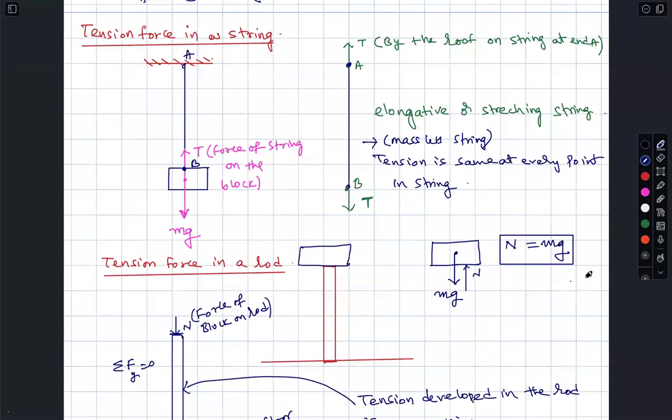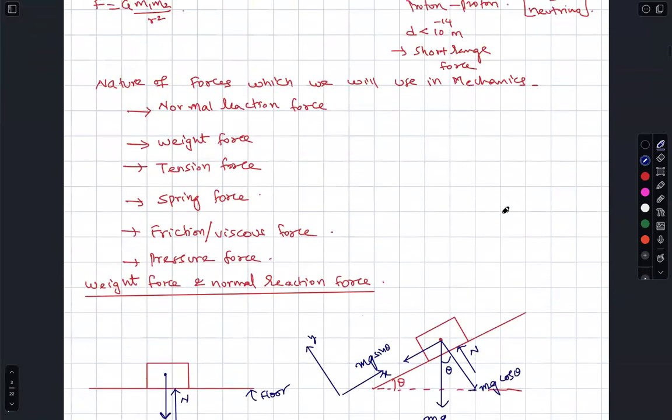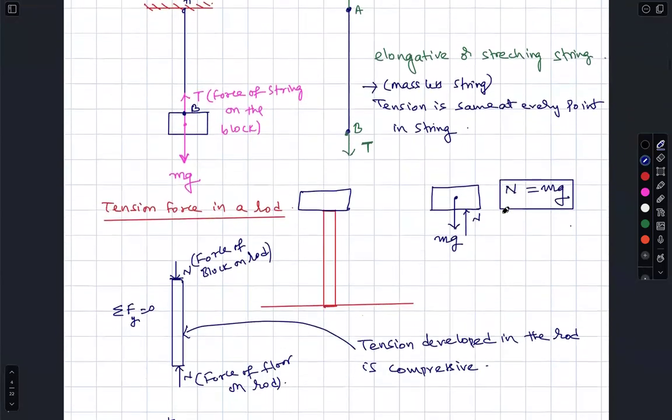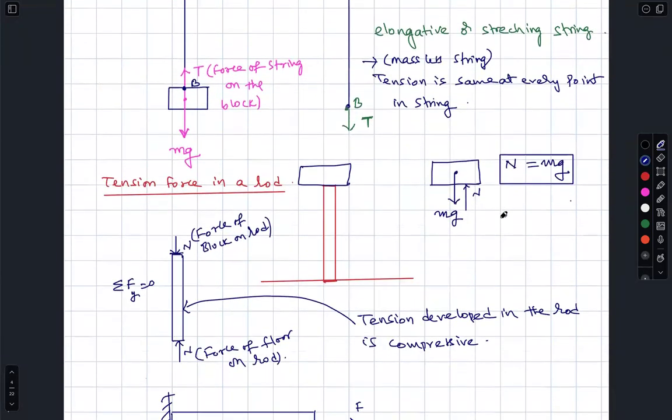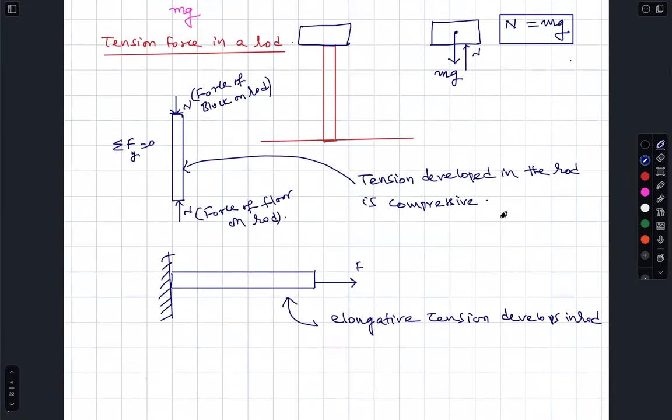Right. Any doubt till this point? Please ask me, because I am going to go to the spring force. Friction and pressure force we will deal with later in the coming chapters. But right now, if you have any doubt, please ask me. May I go further? Dhananjaya, may I go further?